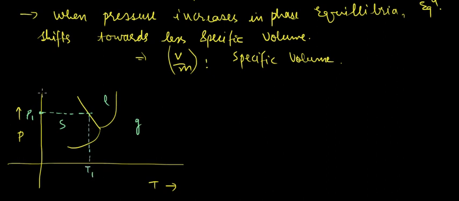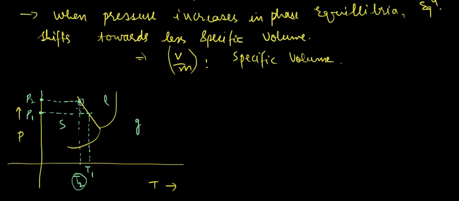Now when we increase the pressure, what actually happens is this is T2. So we can write that as the pressure increases, the melting point of water decreases.